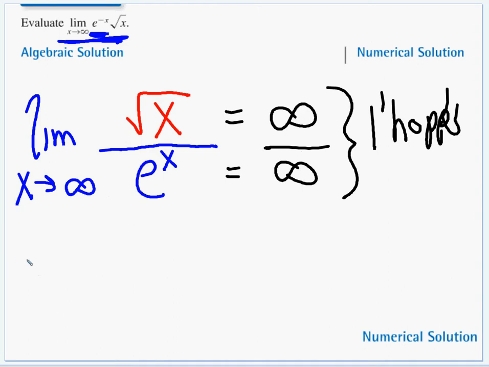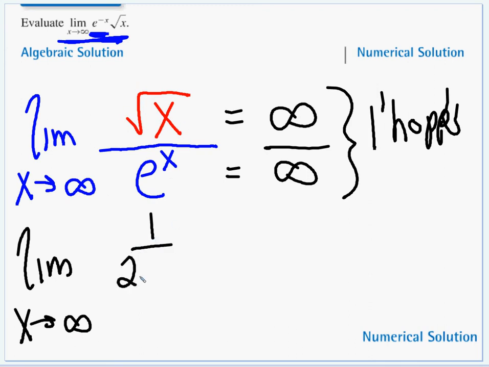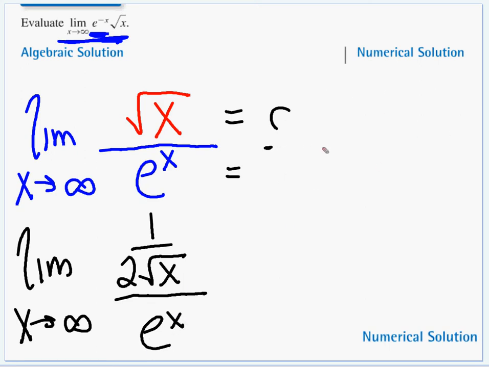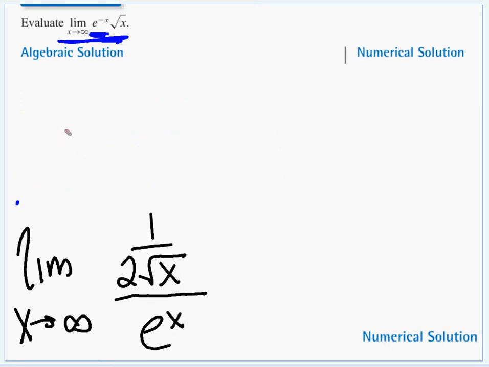So let's take the derivative, the limit as x heads to infinity. The square root of x, or x to the half, becomes 1/2 x to the negative a half, so it's going to look like that. And then e to the x derives to itself. So we got it in a form that we can apply L'Hopital's.